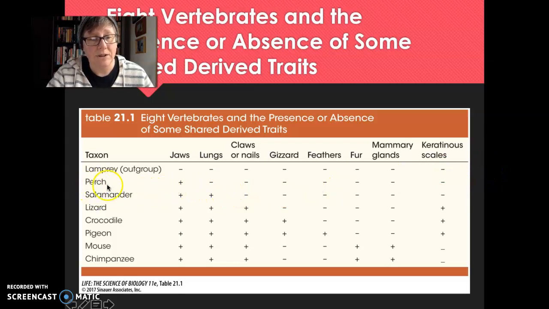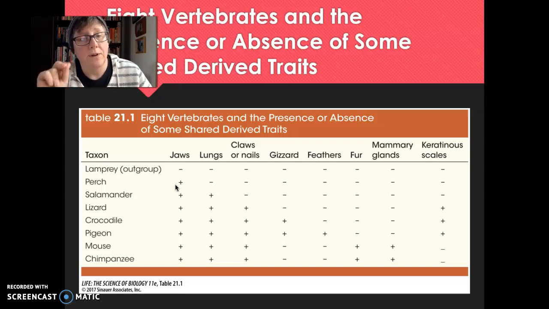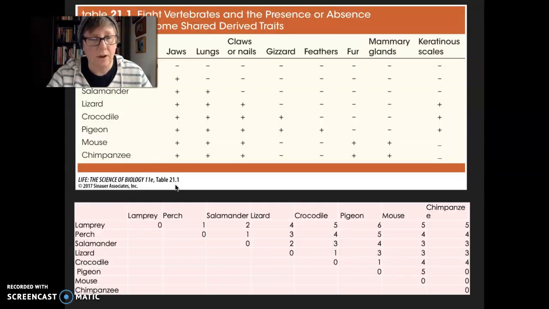But look, perch has one of these, but only one. So it is actually very similar to the lamprey. And this is what you want to look for. This is a key to doing this lab because the lab could get a little frustrating. You want to look for the organisms that have the most traits in common. So if we were to actually map this out, we would say, well, lamprey compared with a lamprey has 0 differences.